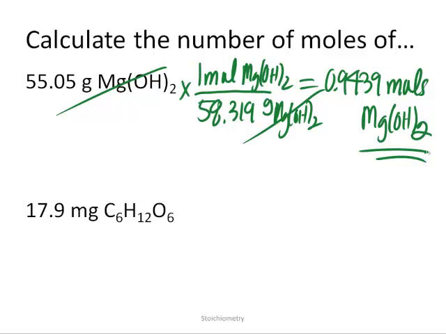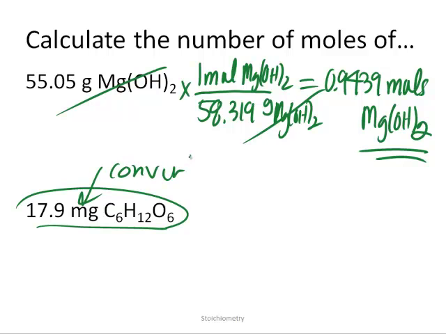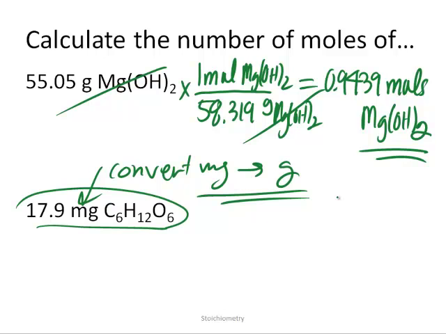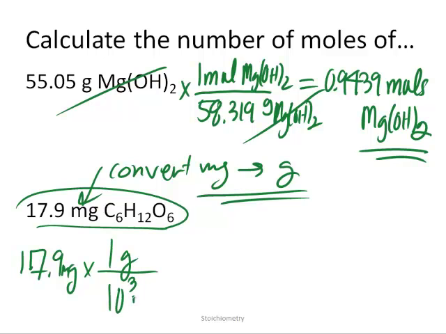Okay. What about 17.9 milligrams of glucose? Well, we know that the molar mass we just calculated is in grams per mole, so we are going to have to convert milligrams to grams first, so that we can use that conversion factor properly. So 17.9 milligrams of glucose times, in 1 gram there's 10 to the 3rd milligrams.